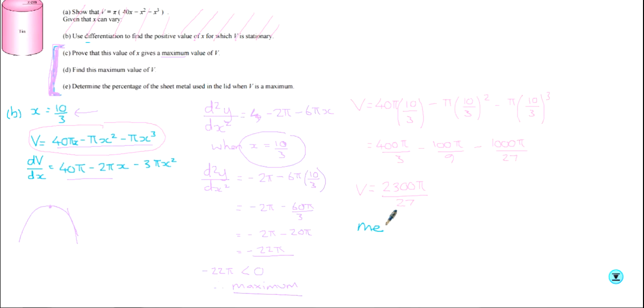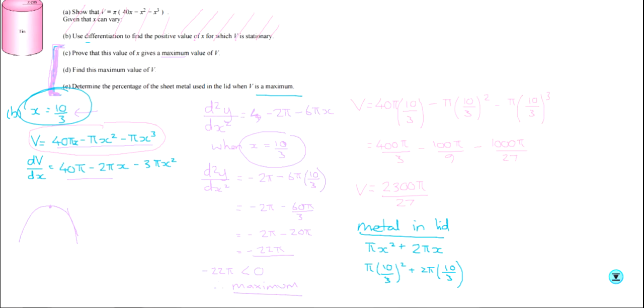So we talked about the surface area, the metal in the lid, and we said that was pi x squared, so the area of the circle, plus that small curved surface area, which was this. But what it means by when it's the maximum, we're taking this value here again of x and pop it in here. So we're going to have pi lots of 10 over 3 squared plus 2 pi lots of 10 over 3.